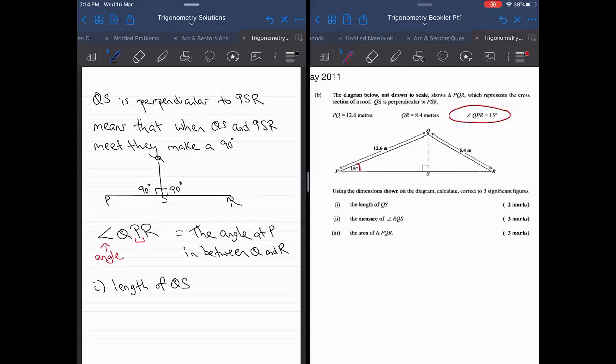Now, whenever we have right angle triangles, remember I said we're either trying to use Pythagoras' theorem or the trig ratios. We use Pythagoras if we know 2 sides.